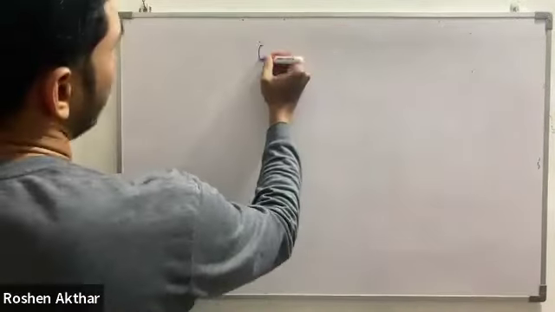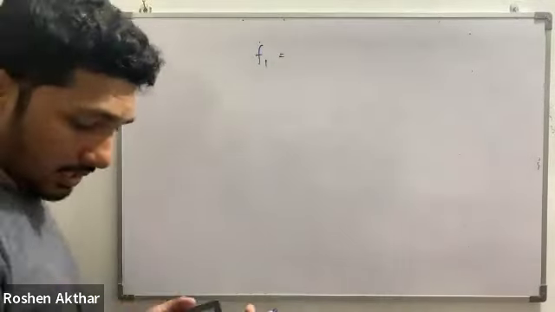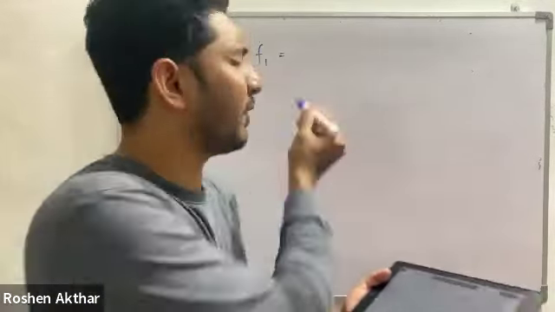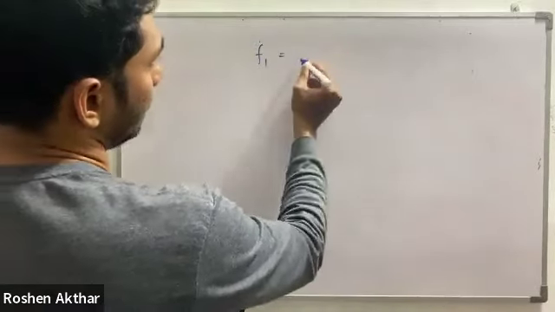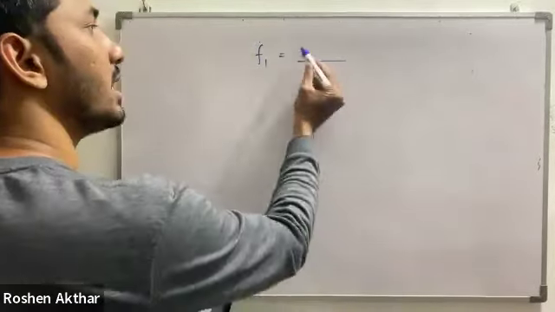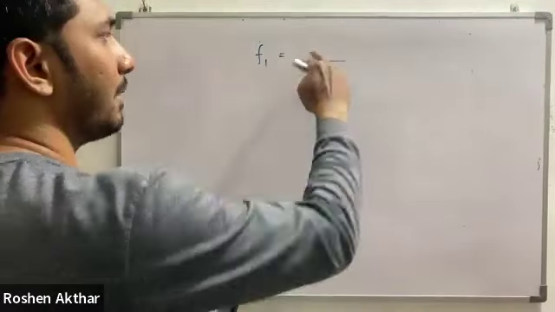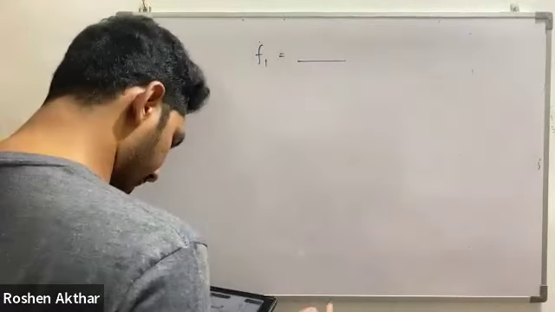So let's say F1 is the apparent frequency heard for the sound from S1. Okay, so F1 is equal to what? When the observer is moving, you change the velocity in the numerator of the equation.